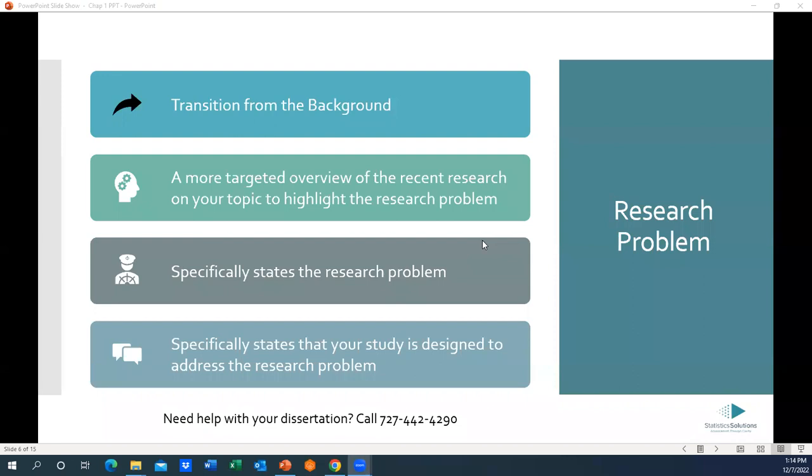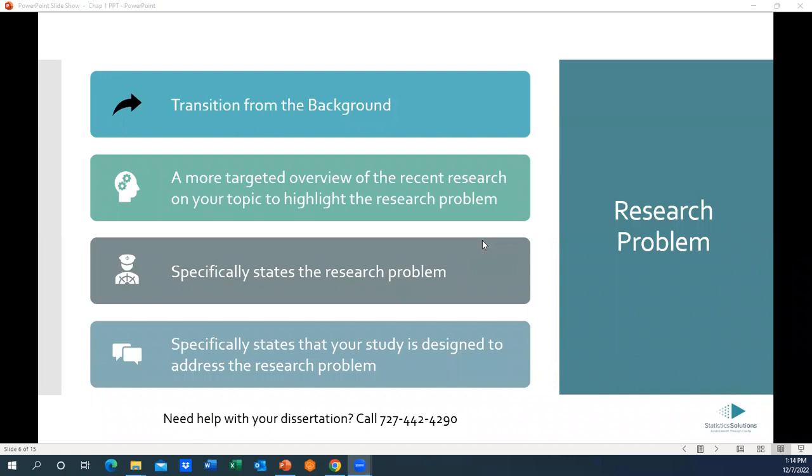It can be maybe we're looking at a topic and there's a lot of qualitative research on it. A lot of interviews, a lot of qualitative material, but we don't have much quantitative research to examine the relationship among constructs. Or maybe it's the opposite. We have a lot of quantitative research on numbers and statistics, but we don't have much qualitative research that digs into the details and people's experiences with it.